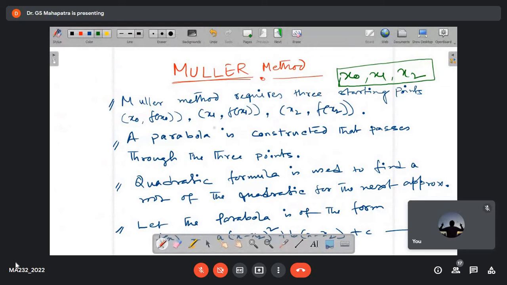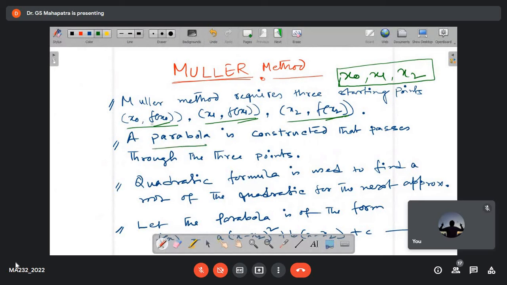some value of coordinates. So f of x2. So you have 3 points in the two-dimensional coordinates, and you have to find a parabola passing through these 3 points.